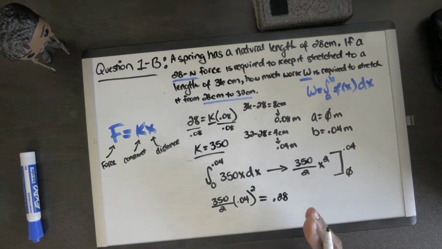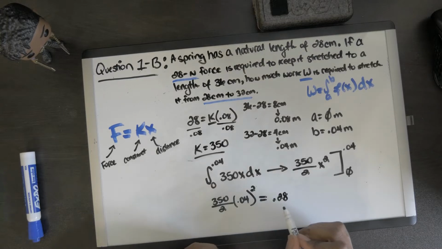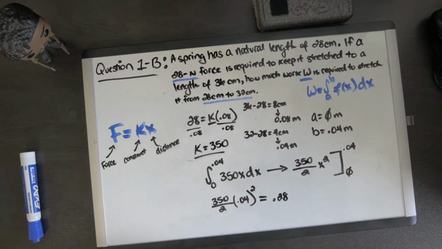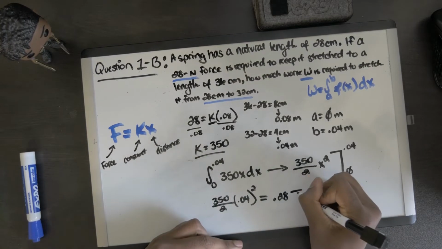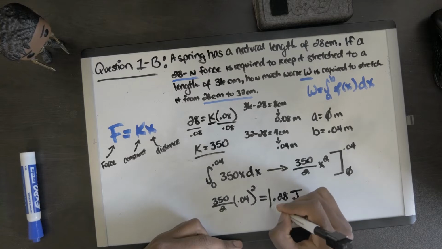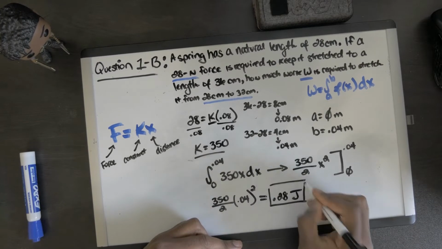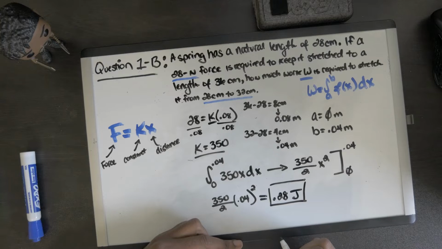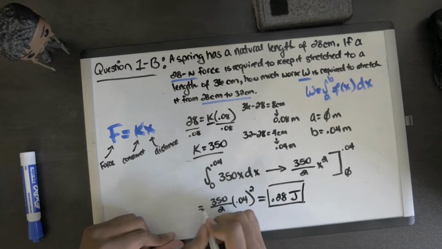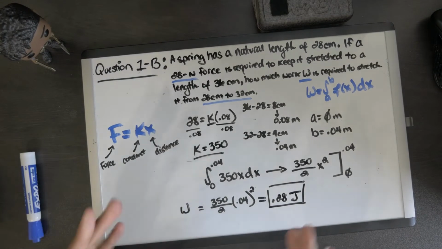Now, the biggest thing, again, you're not exactly done, because you want to remember as well that we're dealing with Hooke's law and we're trying to find what the work is. So work is actually measured in joules. So your final answer is actually going to be 0.28 joules. And that's also going to be, again, the work.